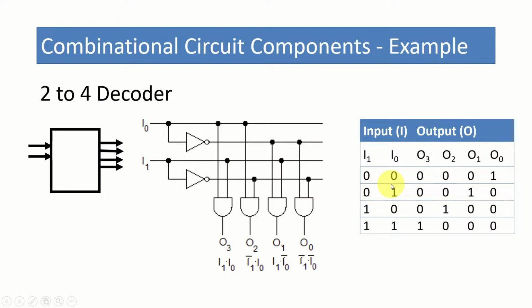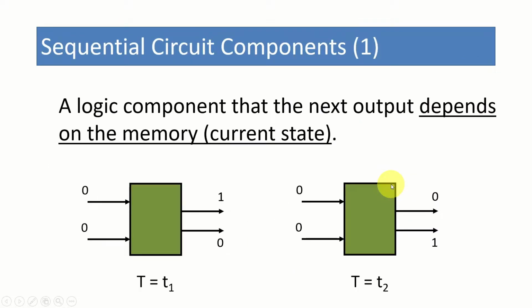Now let's look at what is meant by a sequential logic circuit component. When it comes to a sequential logic circuit component, the output depends on both your input and the current state or the memory.